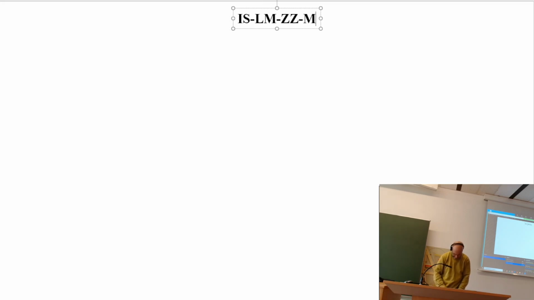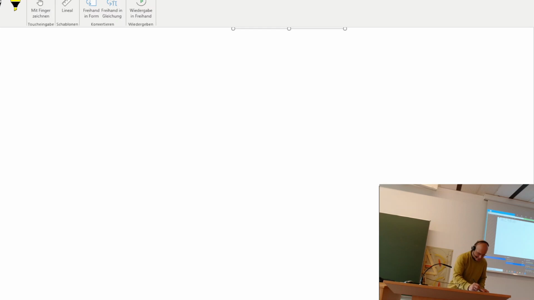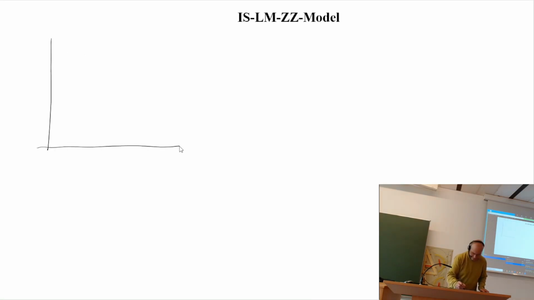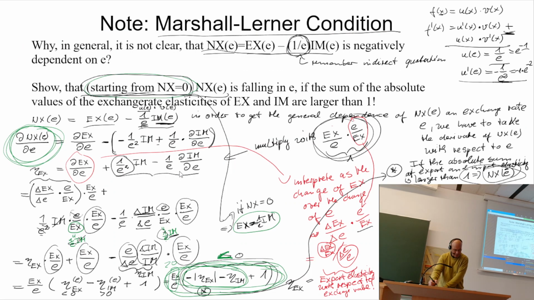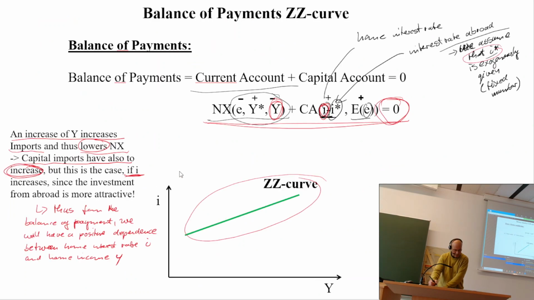IS-LM model. So what we have now is interest rate and income, and which colors did I use? Red, blue and green.